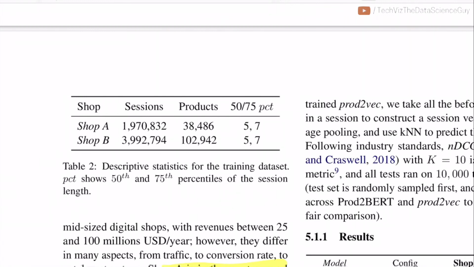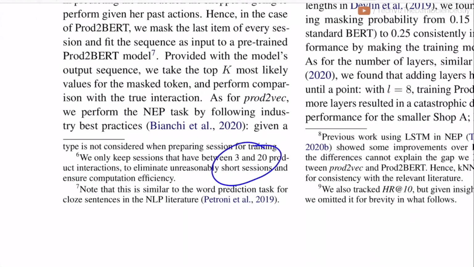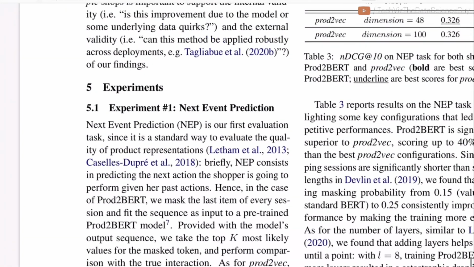Apart from this, they also impose a pre-processing step where they filter out any session that's less than 3 or greater than 20 interactions. So if the sequence length of interaction is less than 3 or greater than 20, they eliminate such sessions. So that's about the dataset that they use.